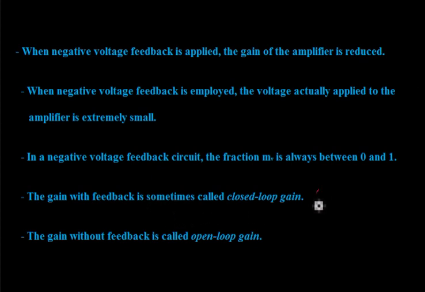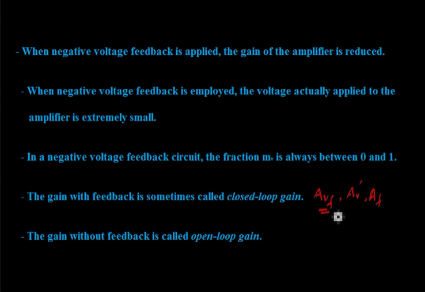It is usually represented by AVF. Some others may use the letter AV prime to represent the closed loop gain. The closed loop gain is the gain of an amplifier with a feedback, and sometimes it is represented by AF, the gain with a feedback.